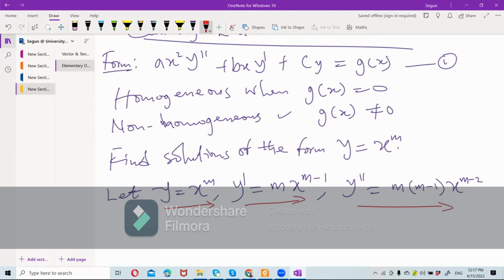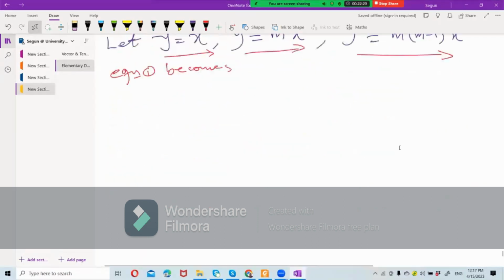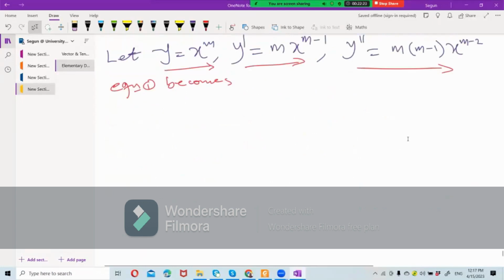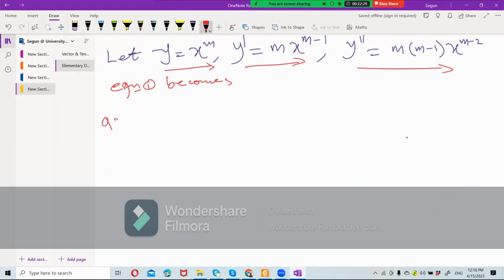So at the end of the day, what do I have? I would now write equation 1 becomes: remember the first one is a x squared, then substitute your y prime prime there.